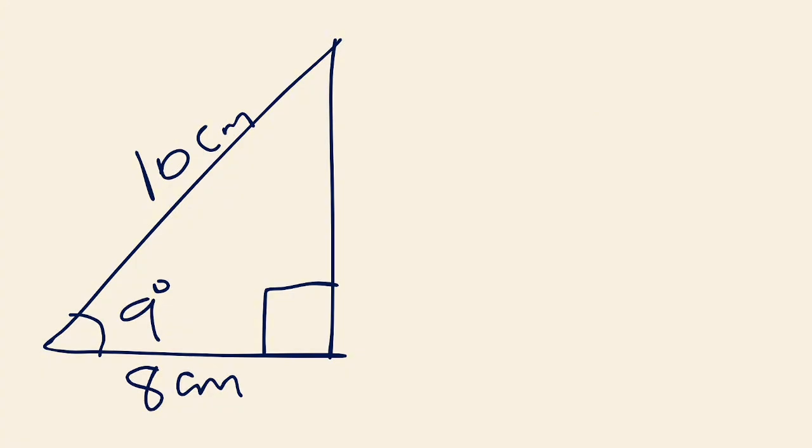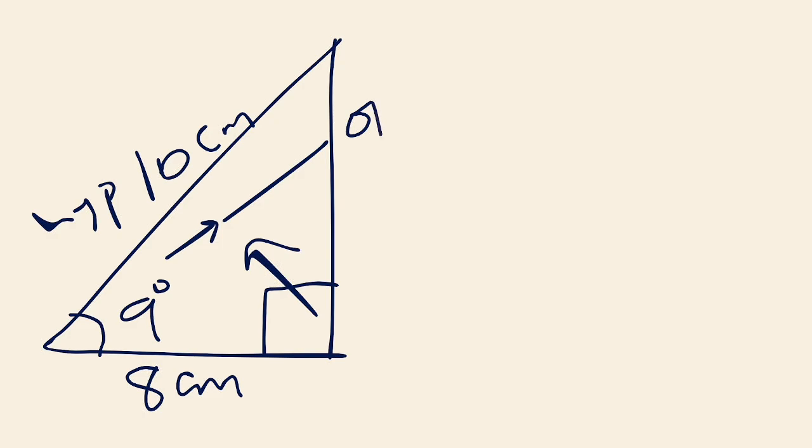Similar to question 1, you identify your sides. This is our right angle, so automatically this is our hypotenuse. This is our angle of interest, so automatically this is our opposite. And this is our adjacent.